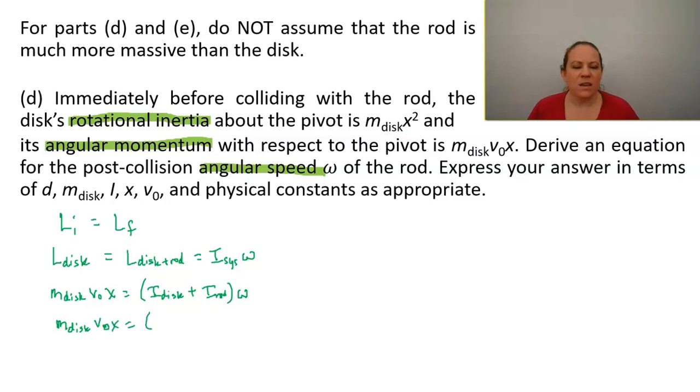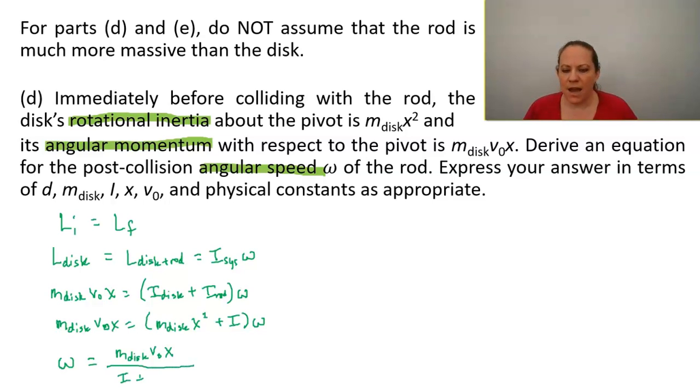So m disk v naught x will be equal to m disk x squared, because that was the value of the rotational inertia of the disk prior to the collision, and then plus I, because I with no subscripts is the symbol for the rotational inertia of the rod. And so now we can solve this for omega, which will be equal to m disk v naught times x, all divided by I plus m disk times x squared.